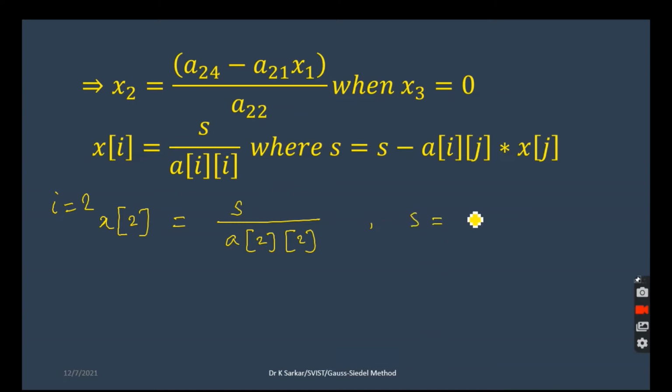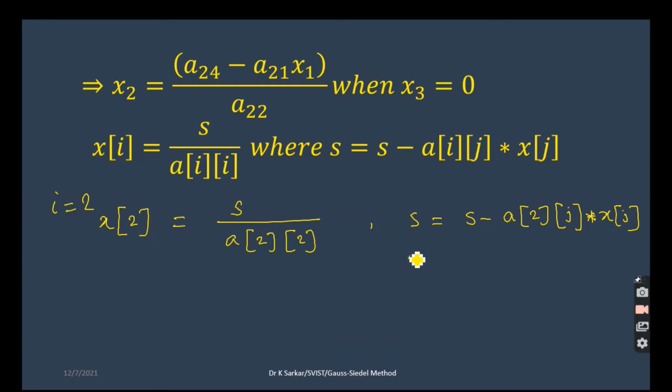S equals S minus A. We don't know this S. So here i is 2, that we know. So i is 2, and j we have to take here for 1. Let me first write Aij multiplied by xj.